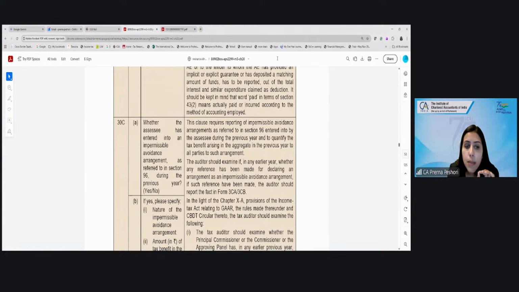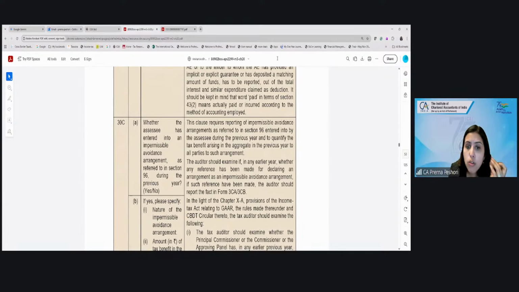So, on that basis, he should make an appropriate disclaimer in respect of reporting under this clause in Form 3CA or 3CB, that in the absence of access to the books of accounts and the records of the other parties to the arrangement, and because investigation is not the scope of audit, the auditor is not able to determine whether the arrangement is an impermissible avoidance arrangement and not able to determine the tax benefit arising to all the parties to the arrangement. Are we getting this particular point?